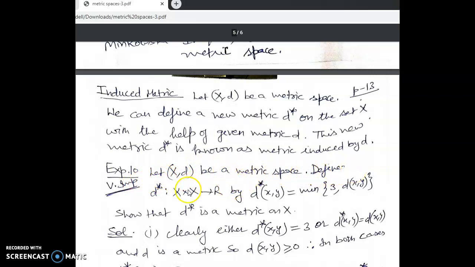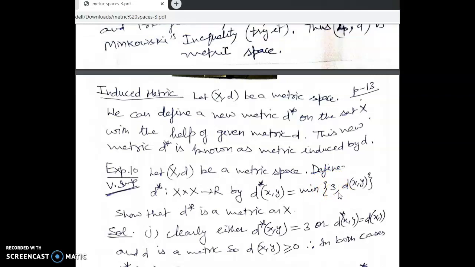Define d star from X cross X into R by d star of x, y equal to the minimum of 3 and d of x, y. Then show that d star is a metric on X. Note that where this 3 is given, here you can take any positive real number. Any positive real number. Then this example will also hold.